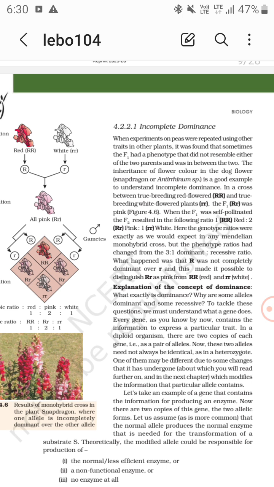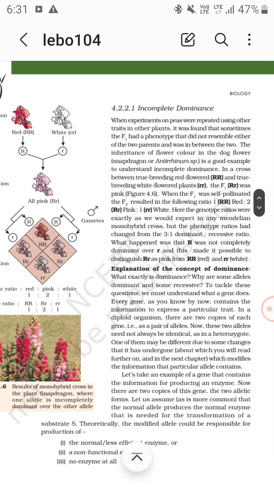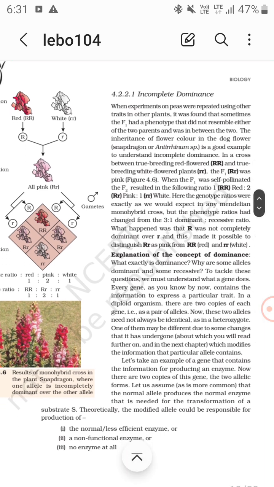The inheritance of flower color in the dog flower, that is snapdragon or Antirrhinum majus: in a cross between a true breeding red flower, that is capital R capital R, and a true breeding white flower, that is small r small r, the F1, capital R small r, was pink.